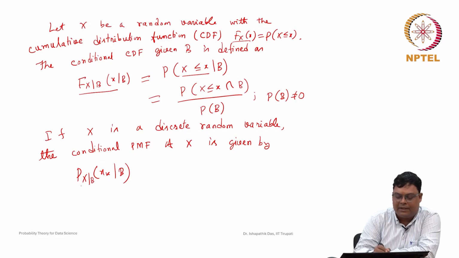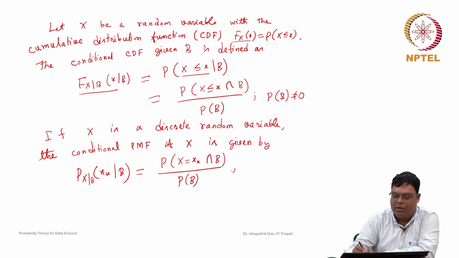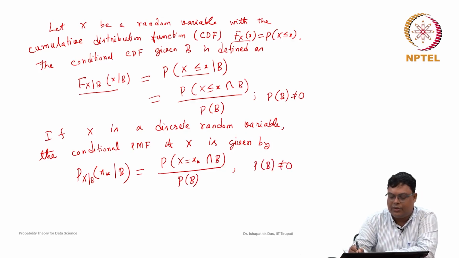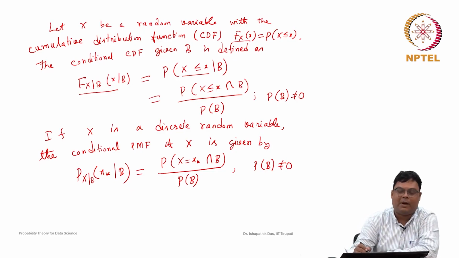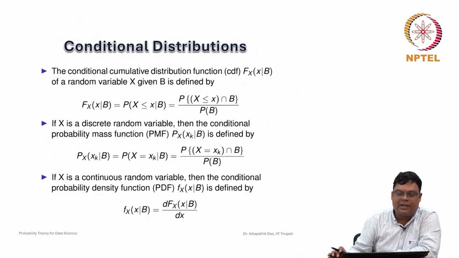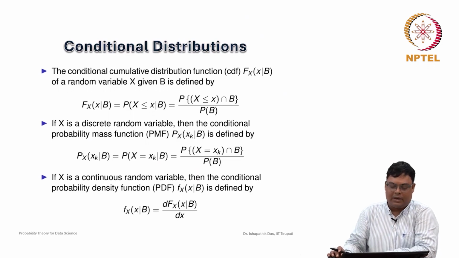We already have p_X as the probability mass function of x. This is nothing but the probability that X is equal to x_k intersection B, divided by the probability of B, whenever the probability of B is not equal to 0. So, the conditional probability mass function is defined by this.